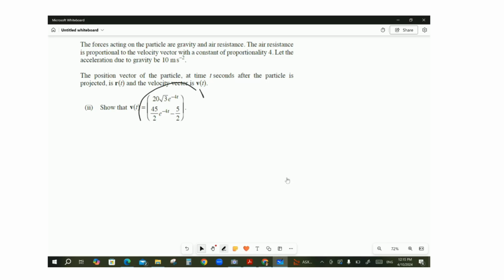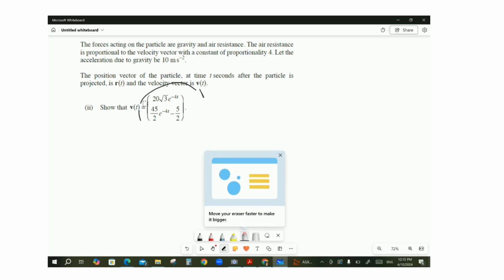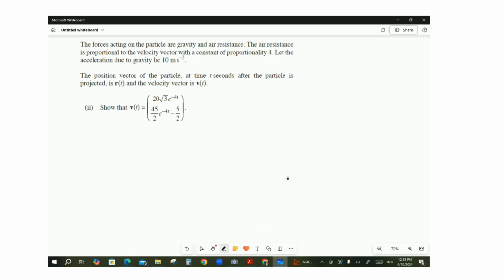Okay, so what I want to prove is that the velocity vector is this one. For this I'm going to use the vertical and horizontal components of forces.